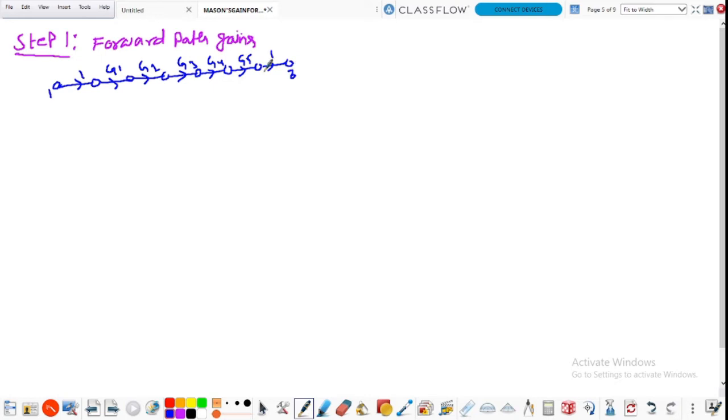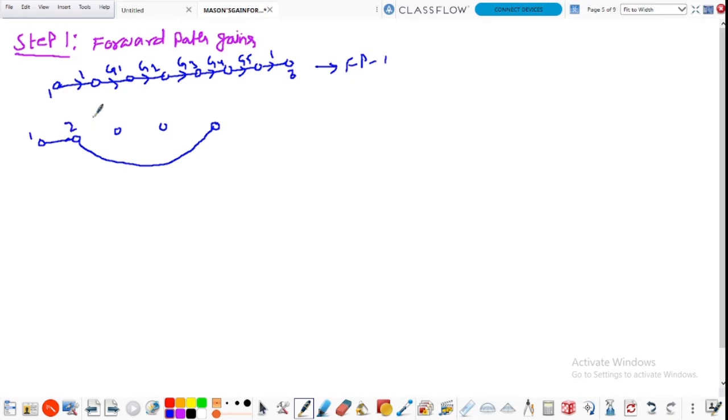And in the second signal flow graph, this is the first forward path, and the second forward path is 1 to 2, 2 to 5, so between node 3 and node 4 is there.